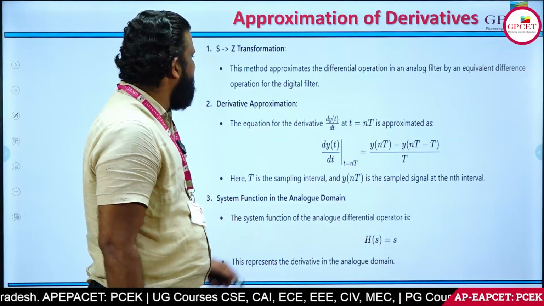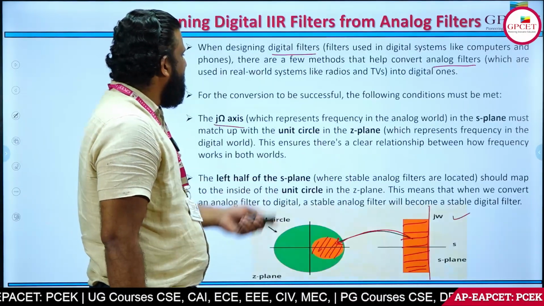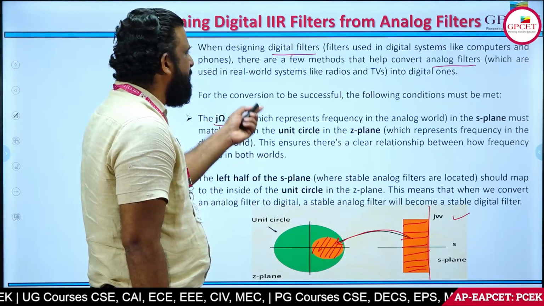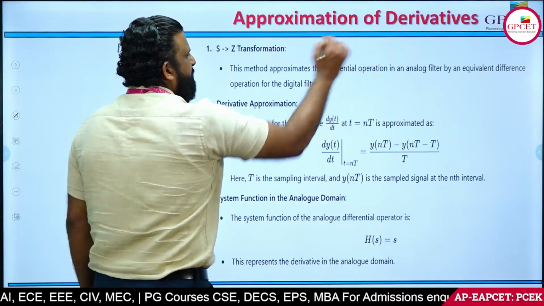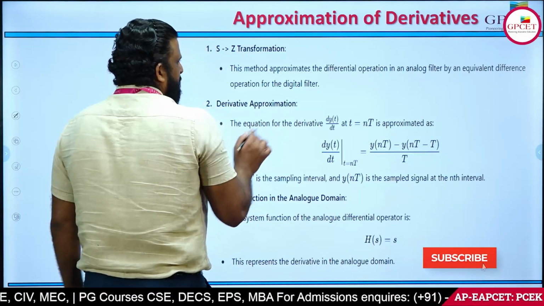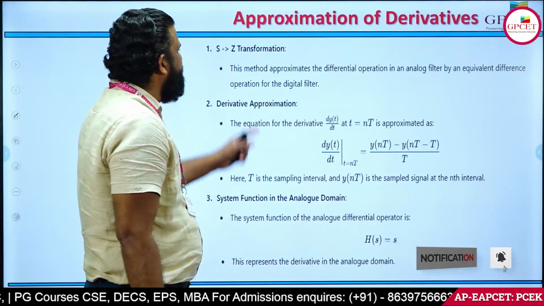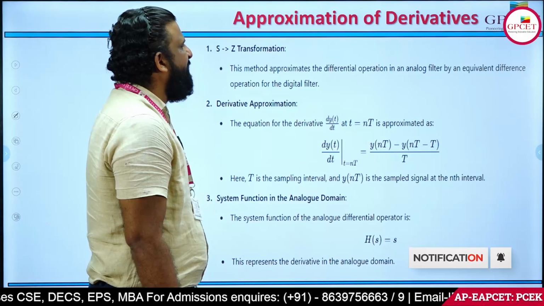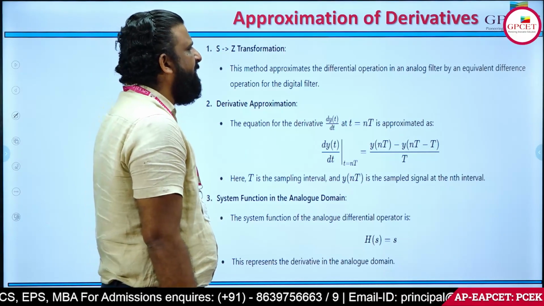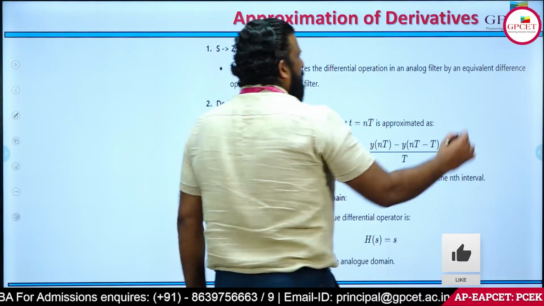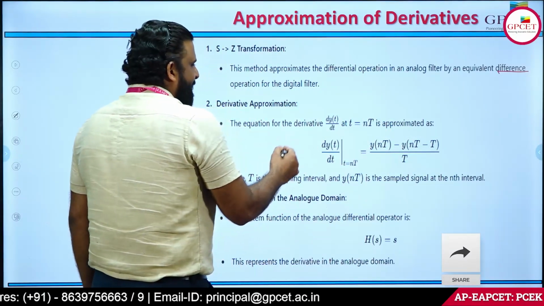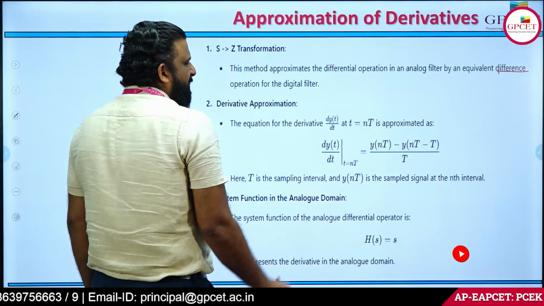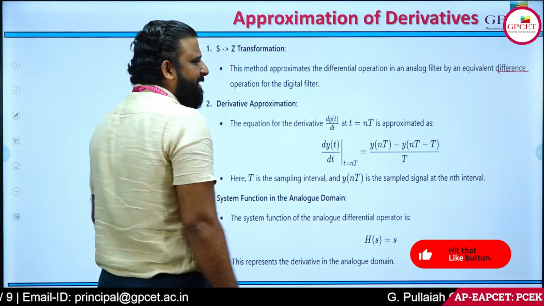Okay, so according to these two criteria, let's discuss the first topic, which is approximation of derivatives. What are we going to do? This method approximates the differential operation in an analog filter by an equivalent difference operation. So here I am considering the difference equation.